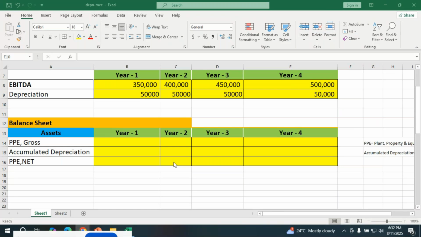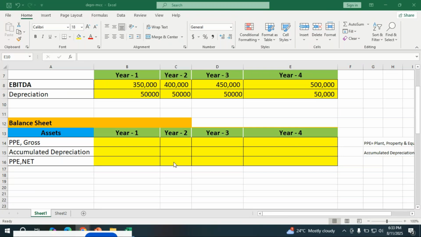What is the gross value of the plant which we have bought? The real value or the value of the asset in year one, before calculating any depreciation and making any kind of adjustments?